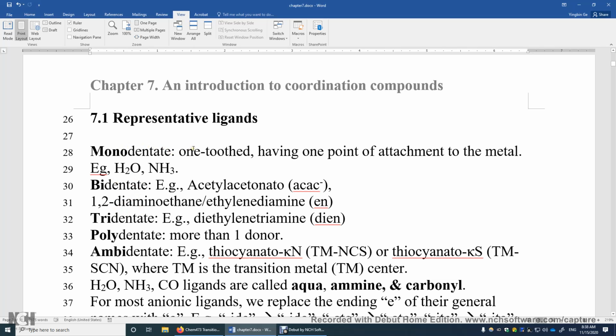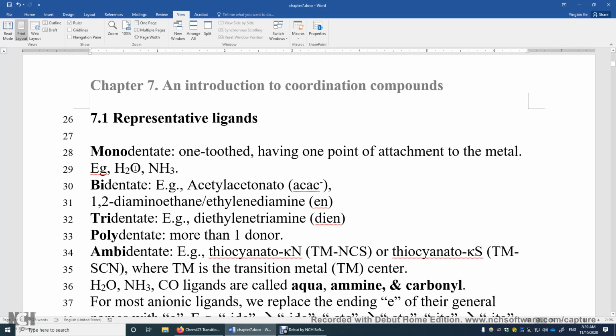Monodentate means one-toothed. So that means this kind of ligands have 1 point of attachment to the metal, like water, ammonia. So we know ammonia has 1 pair of electrons that can be donated to the metal. But water has 2 lone pairs.